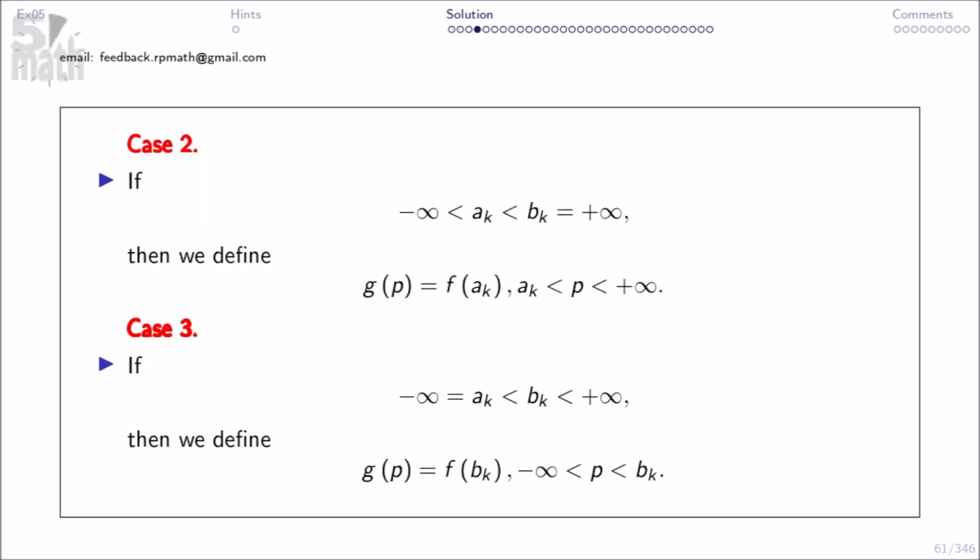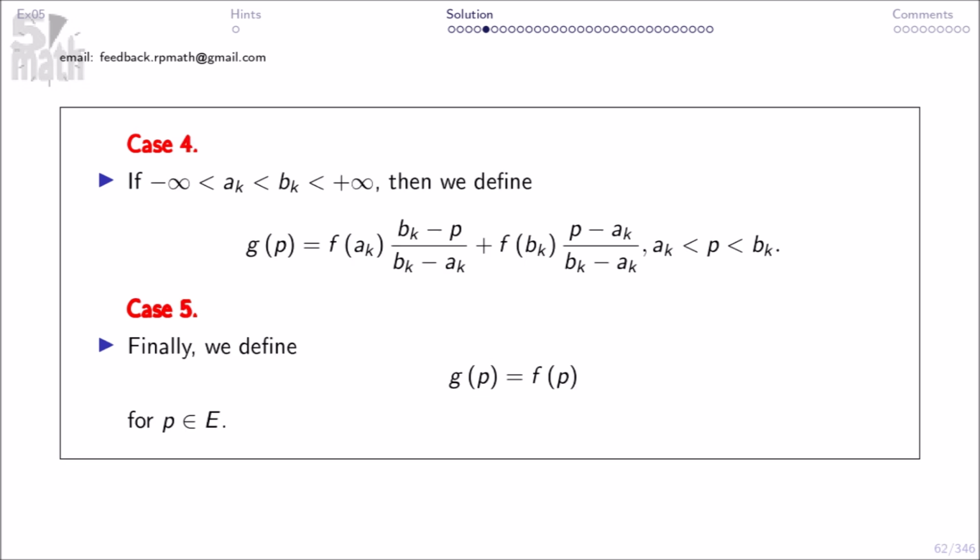If this, we define g(p) equals f(a_k) for a_k < p < positive infinity. Case 3. If this, then we define g(p) equals f(b_k) for negative infinity < p < b_k. Case 4. If this, we define the following. Case 5, finally, we define g(p) equals f(p) for p in E.